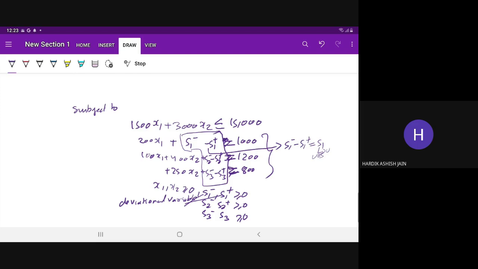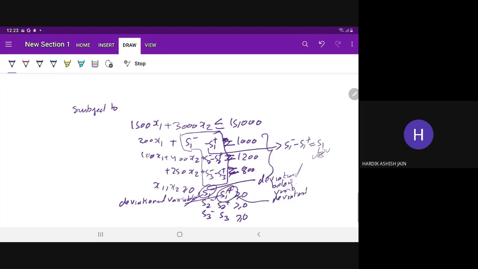Right? Deviational below means we have fewer customers than required. So this is the deviational below variable, and this is known as the deviational above variable.